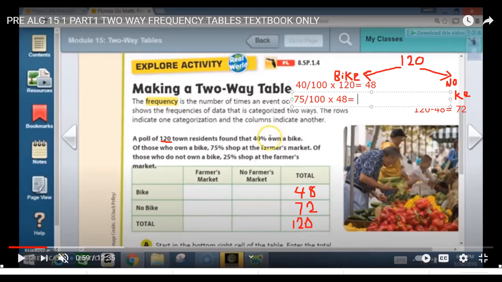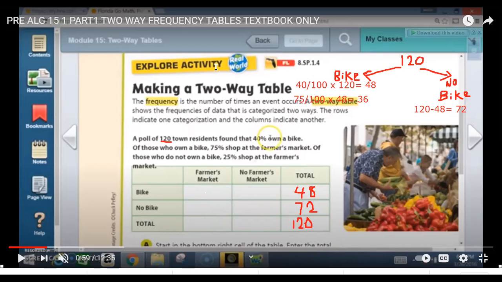So the answer will be 36. Now we have 36 from the 48, both from the farmer's market.